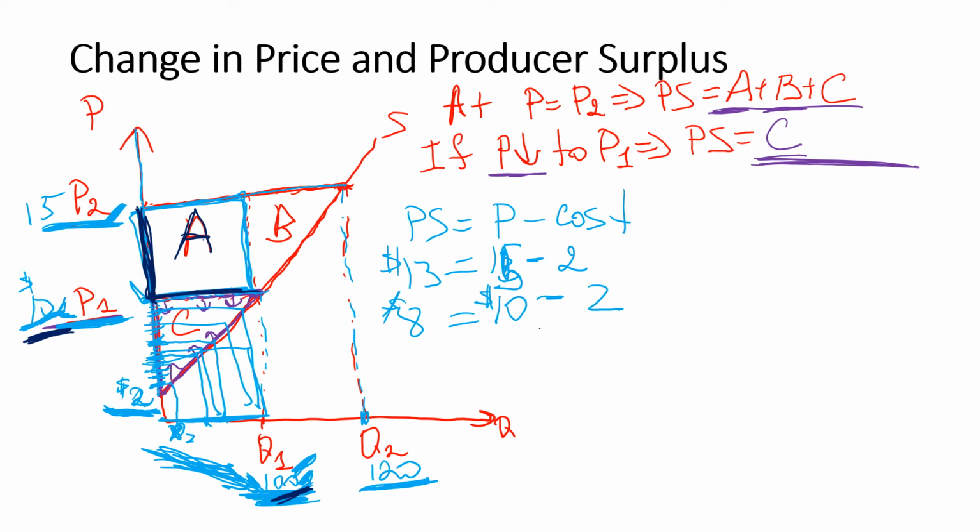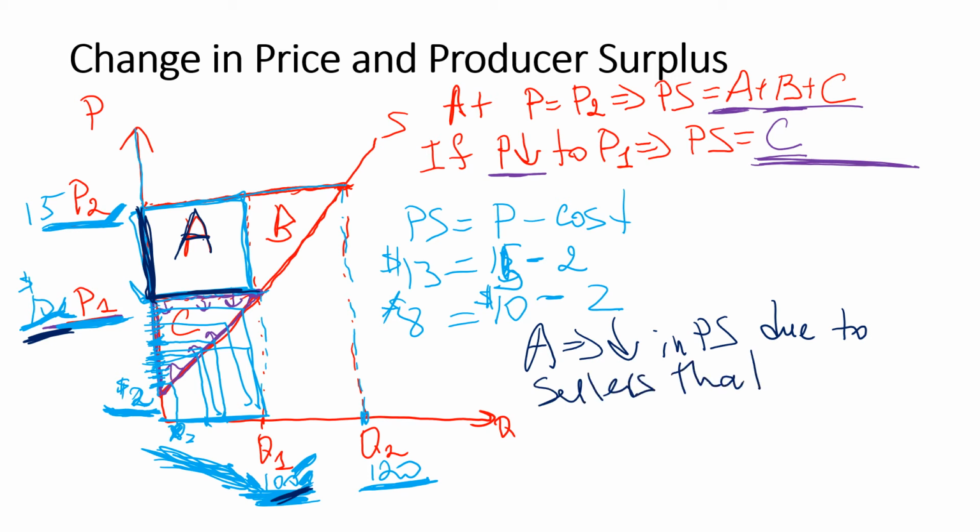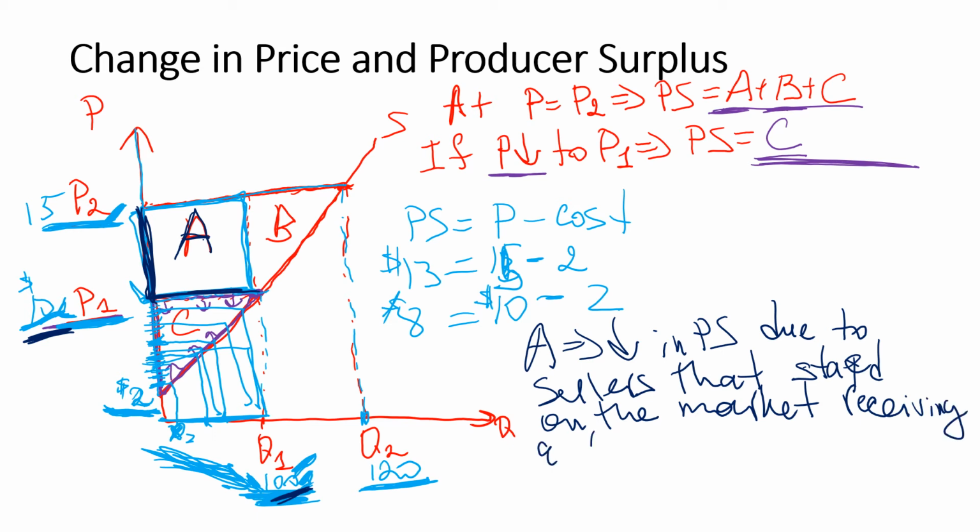So area A is the decrease in producer surplus due to sellers that stayed on the market, receiving a lower price.